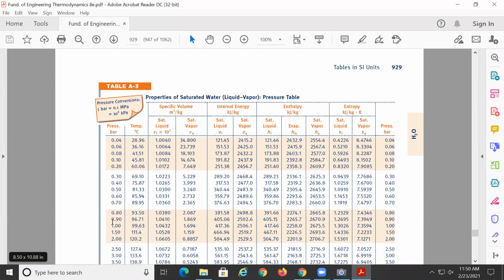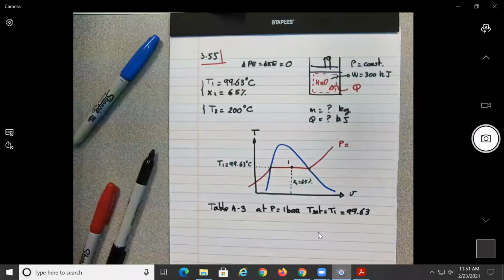At P equal 1 bar, T saturation equals T1, which is equal to 99.63. Okay, and you see here 1 bar is 100 kilopascals. Basically right here.